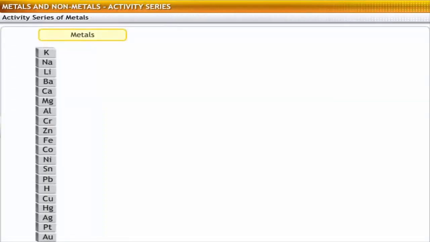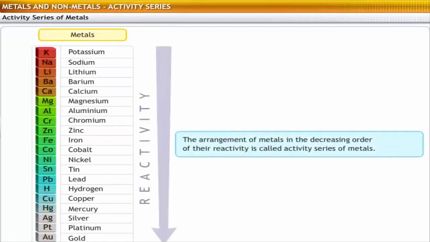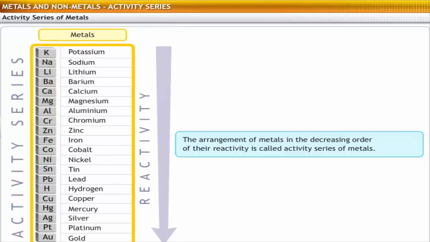To predict the reactions of given metals with other elements, scientists developed a system where metals were arranged in decreasing order of their reactivity. This arrangement of metals is called the activity series of metals. Thus, in this series, the most reactive elements are at the top and the least reactive elements are at the bottom.